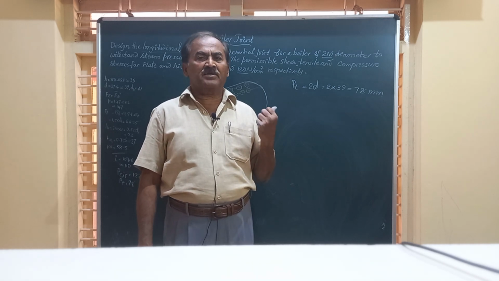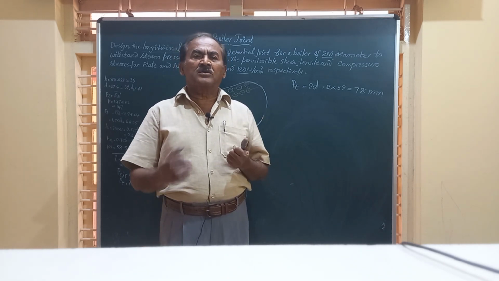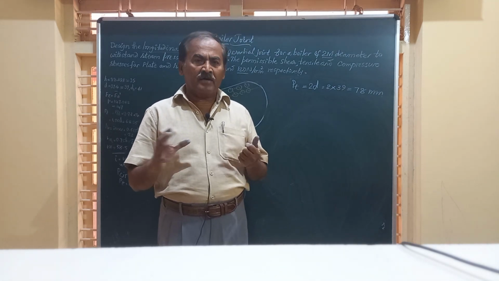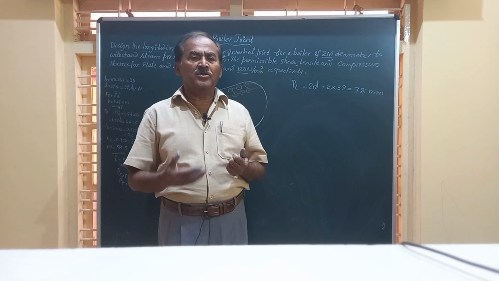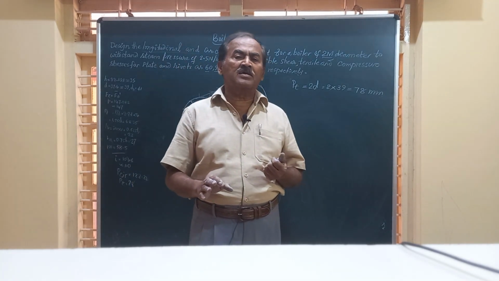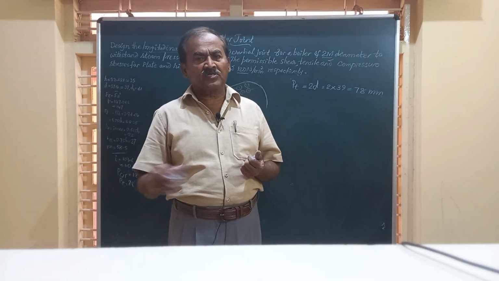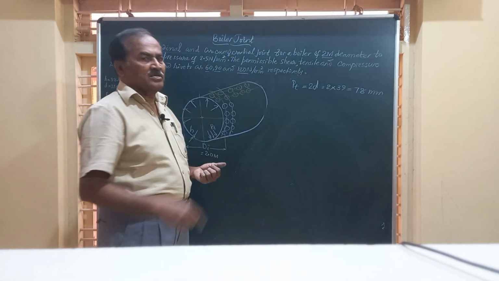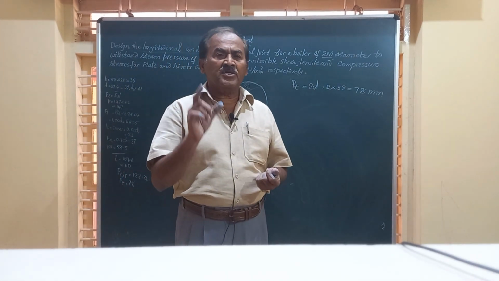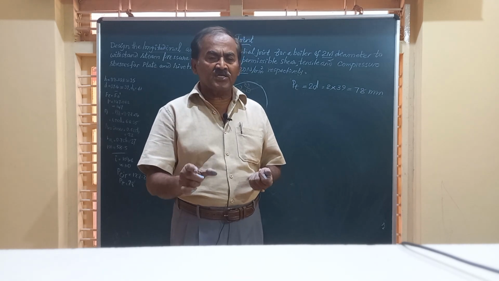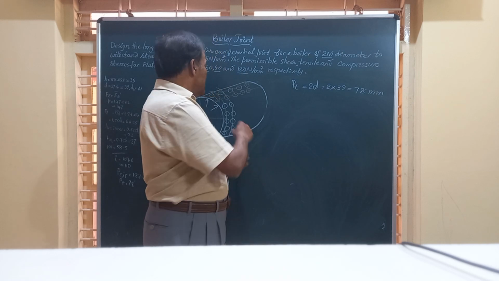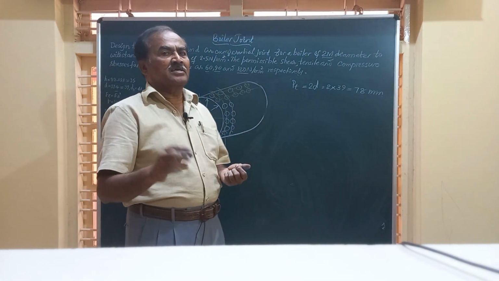That is a riveted joint for a boiler. When the pressure inside the boiler and the diameter of the boiler are known, you will be able to design both the longitudinal joint and the transverse joint, that is the circumferential joint. So friends, you should always remember that the longitudinal joint is a butt joint, whereas the circumferential joint is a lap joint.